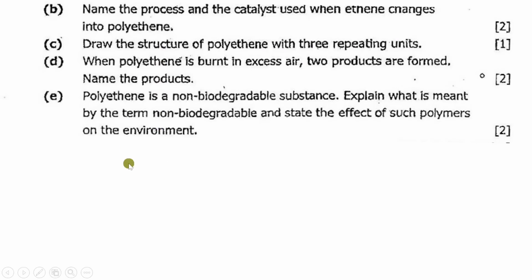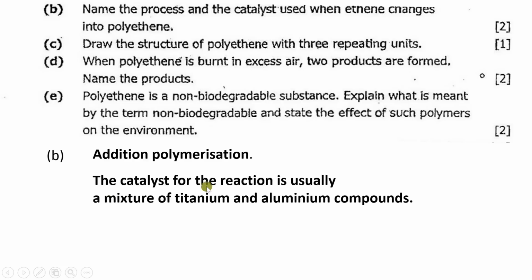So now we are answering B. So the process by which ethene changes into polythene is addition polymerization. Then the catalyst for the reaction is usually a mixture of titanium and aluminum compounds.